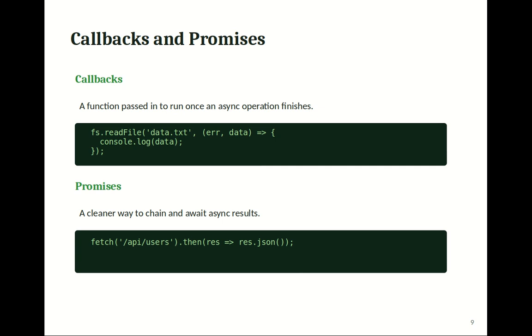Callbacks and promises. Callbacks, a function passed in to run once an async operation finishes. Promises, a cleaner way to chain and await async results.